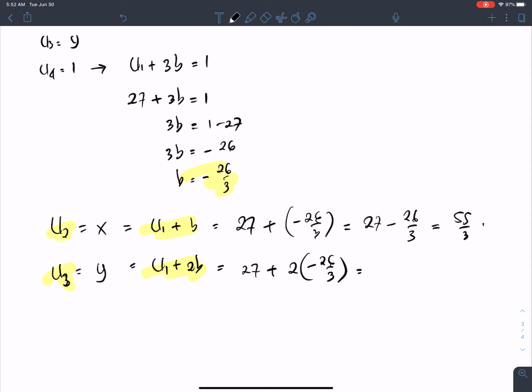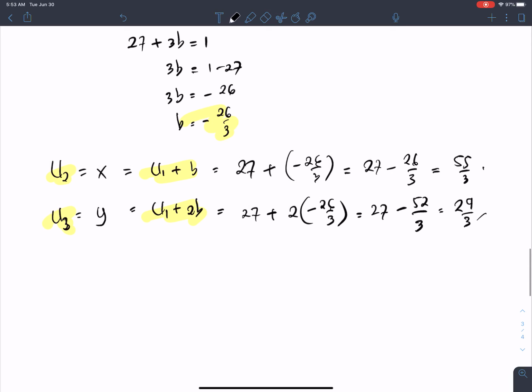So here we have 27 minus 52 over 3. Quickly you can calculate this value. Hold on, it is 29 over 3. So that will be our y.